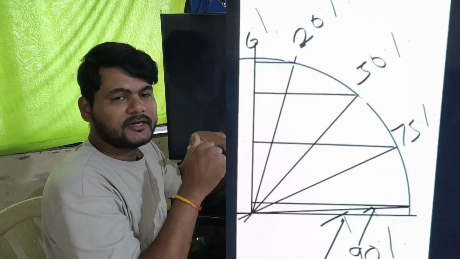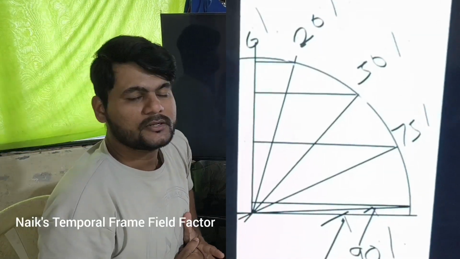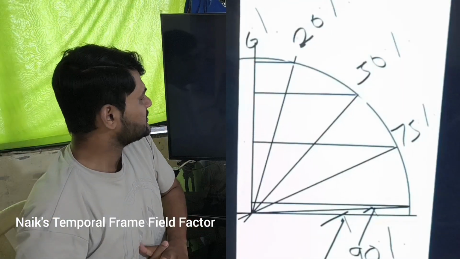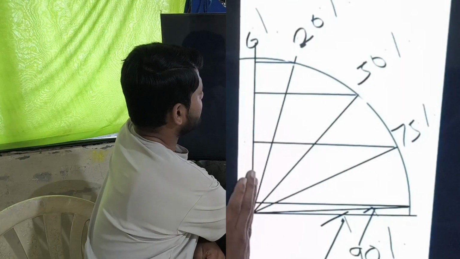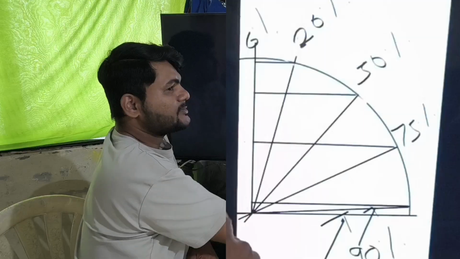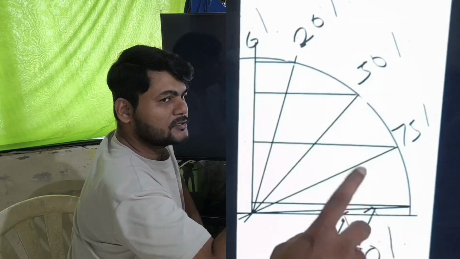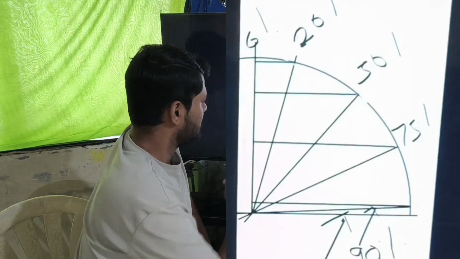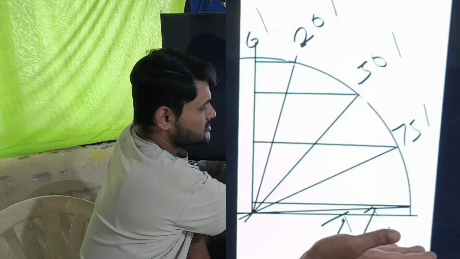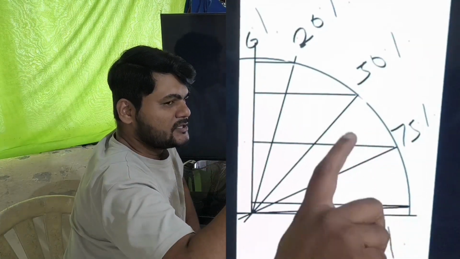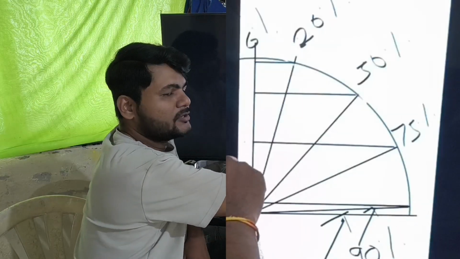So this was my theory called NTF3 theory, Naik's Temporal Frame Field Factor theory. When you flow through the time flow axis, time flow becomes 1 and space flow becomes 0, and when you flow through the space flow axis, then space flow becomes 1 and time flow becomes 0.